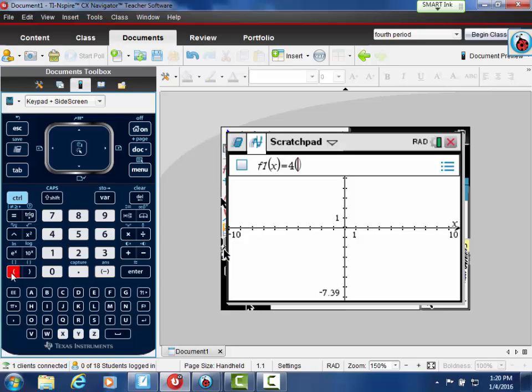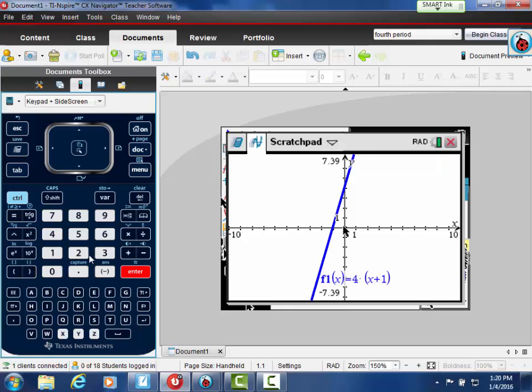So 4 times x plus 1. And then my other equation, so hit tab. My other equation was 3 times 2x minus 2.